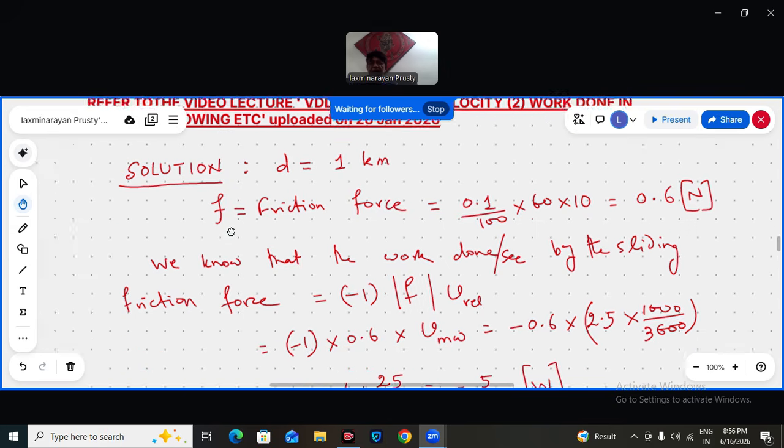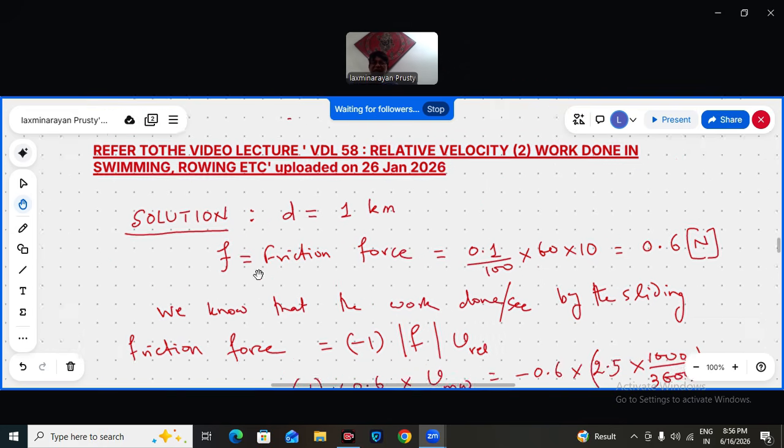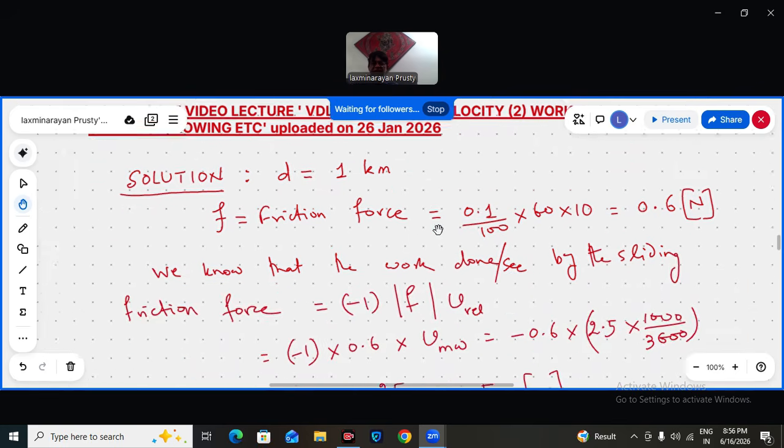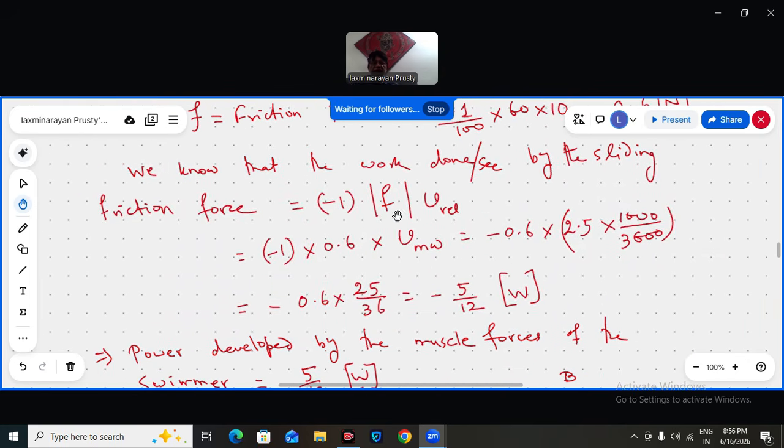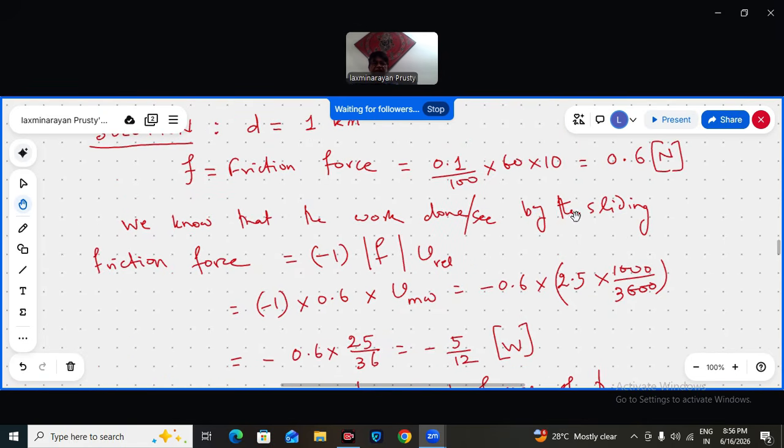We know this from the work energy chapter, and I have discussed this in detail in the video lecture. So that is minus friction force 0.6 into VMW. Assume that the friction force remains constant for simplicity's sake.